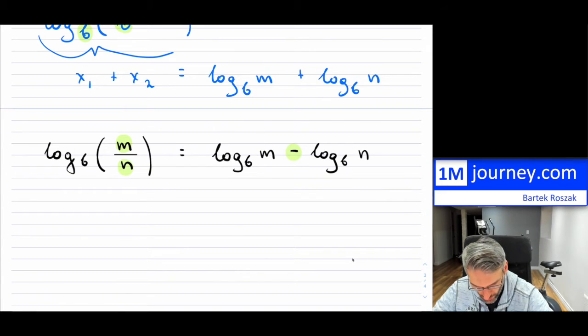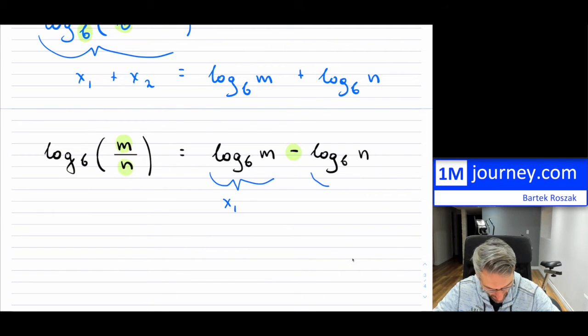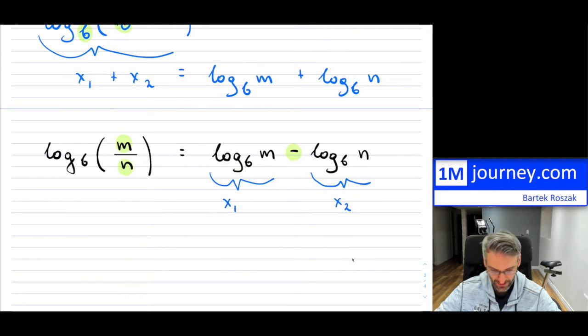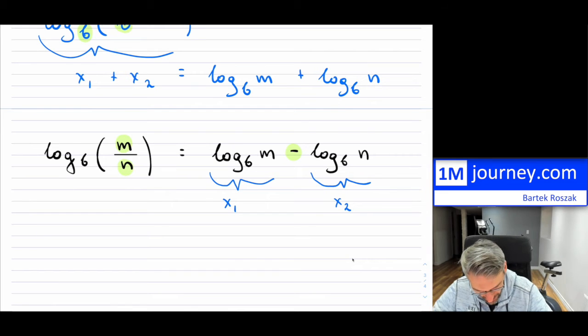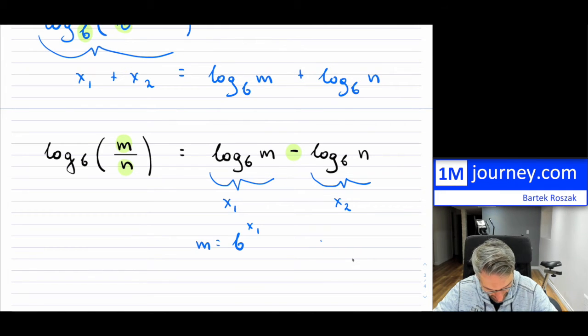I'm going to do exactly the same thing. So what I'm going to say is let this be x1, and let this be x2, and I'm going to play the same trick. So from there, I do know that m is equal to b to the x1, and here n is equal to b to the x2.